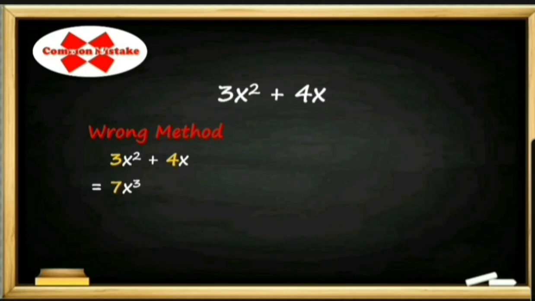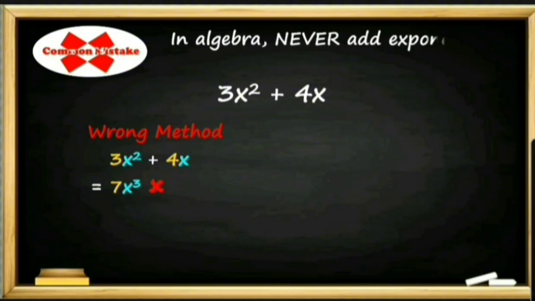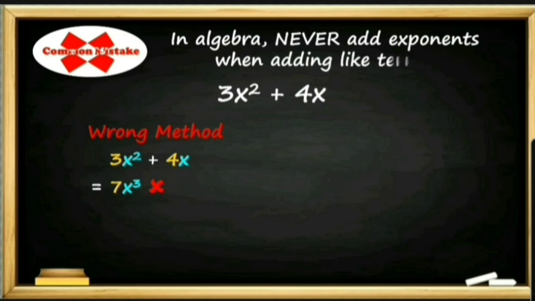They added 3 and 4 to get 7 and mistakenly thought x squared plus x equals x cubed. This is incorrect. In algebra, we never add exponents when we are adding like terms. Adding exponents only happens when we multiply with the same base, not when we are adding or subtracting them. That's why this method is wrong.